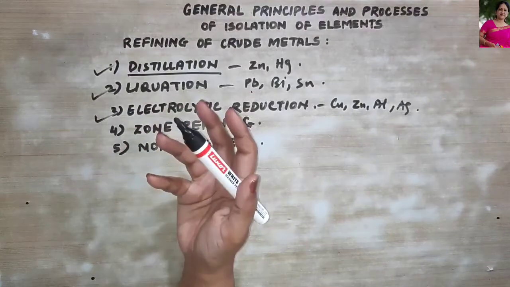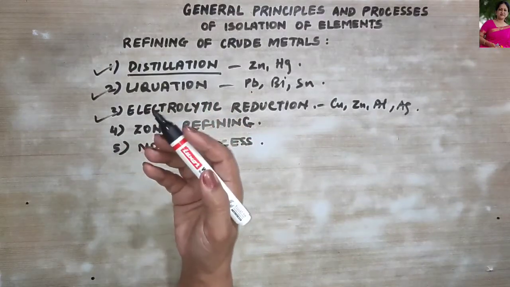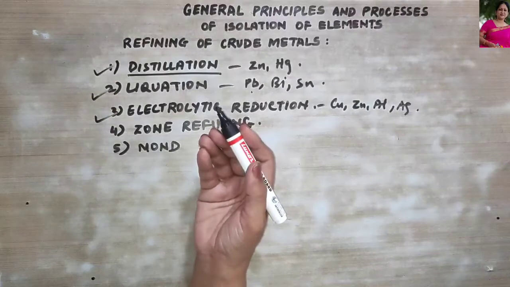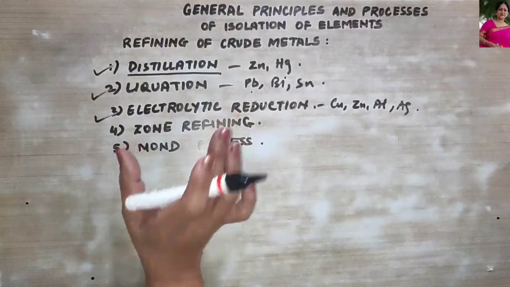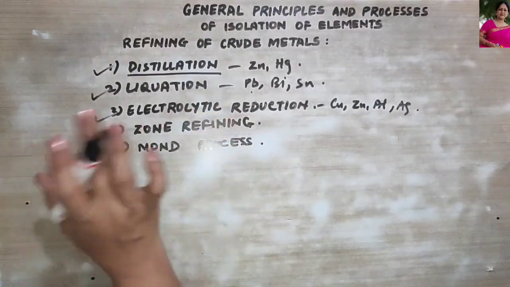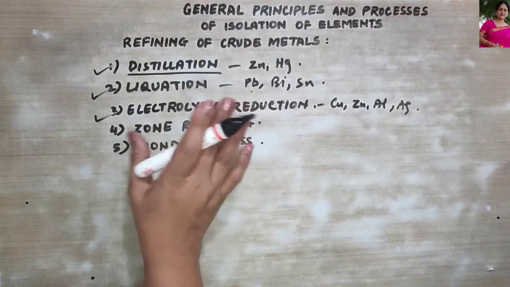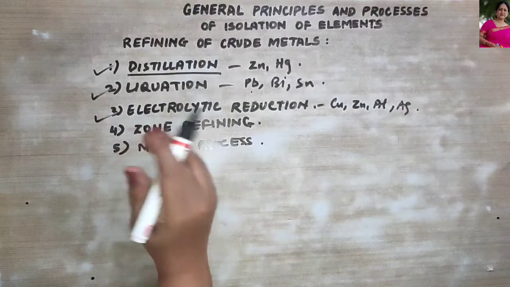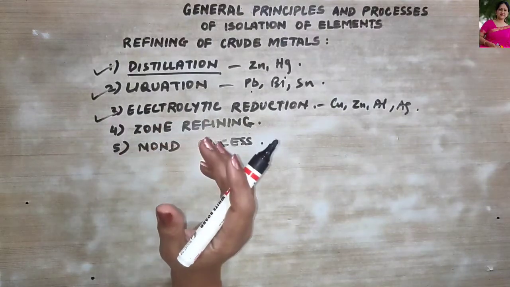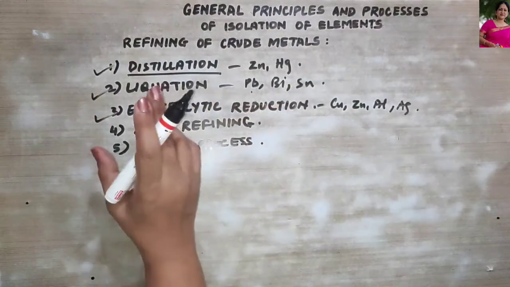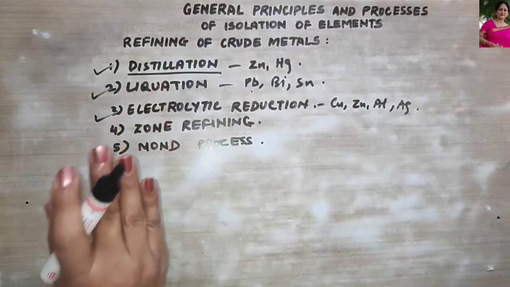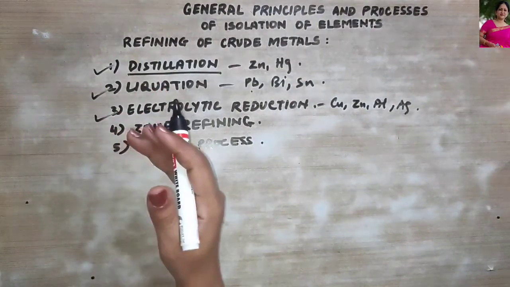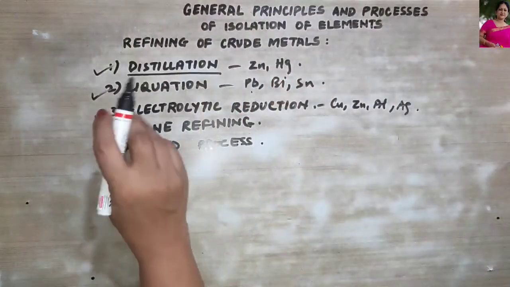So how does this zone refining method take place? The working of zone refining is completely based on the principle of fractional crystallization, right? This purification is more effective when the melting point of the impurity is lower than the melting point of your desired metal.